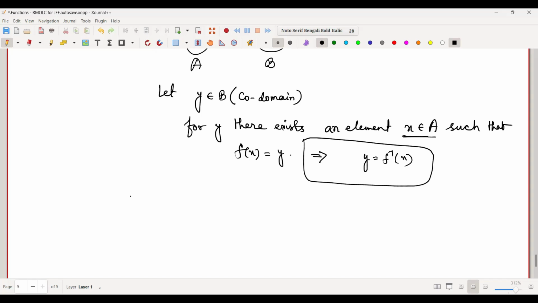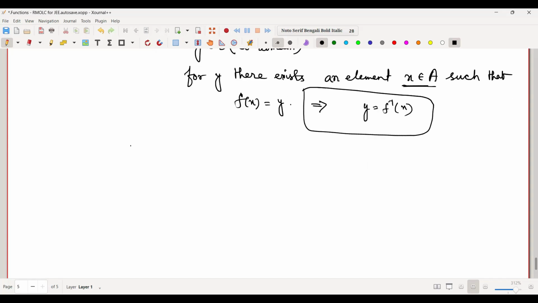So how to ensure this thing? Suppose let us take the above example, 2x plus 5, and x belongs to R. I haven't mentioned that f is from R to R. After we specify a function is defined from which set to which set, then only we can talk about one-one and ontoness.